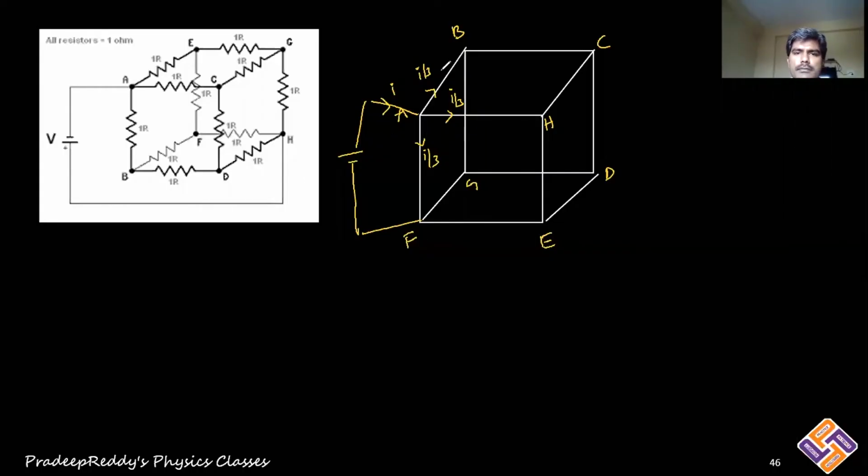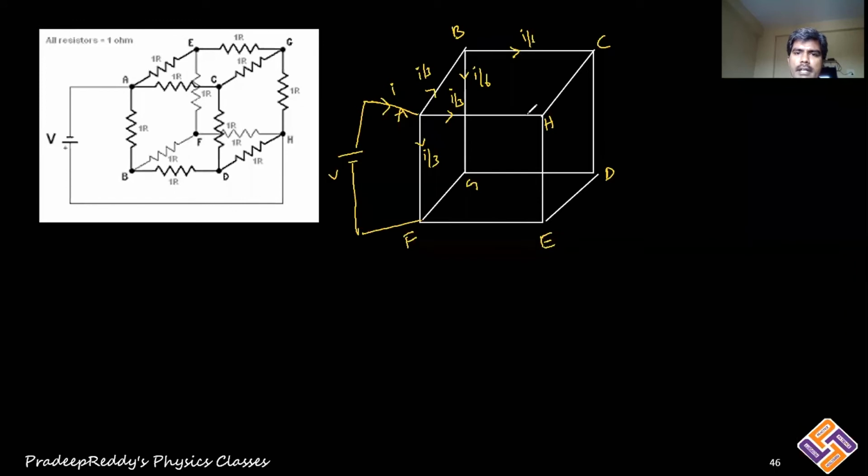So suppose you have got another circuit like this. You are supposed to find the effective resistance between A and F. Use the same procedure. Between A and F, just connect one battery whose voltage is V. Start from here. Current I comes to this point A. It gets divided into 3 parts: I by 3, I by 3, I by 3, because all the effective resistor values are equal to R. Now this I by 3 gets divided into 2 parts, I by 6 and I by 6.